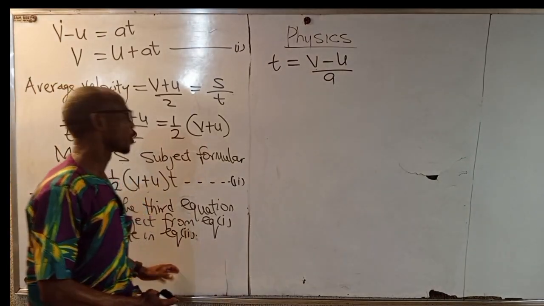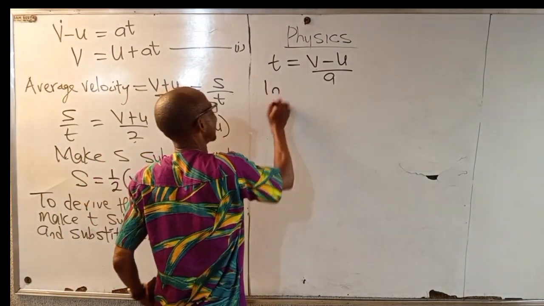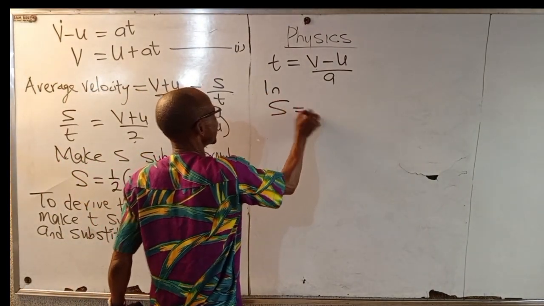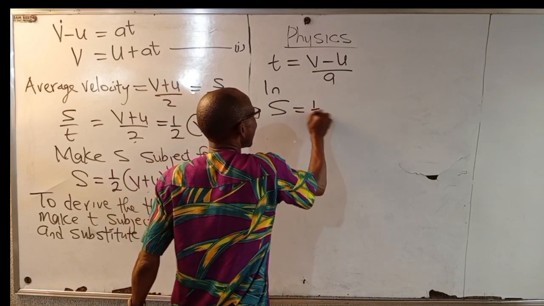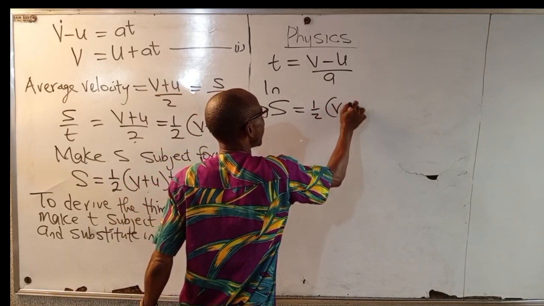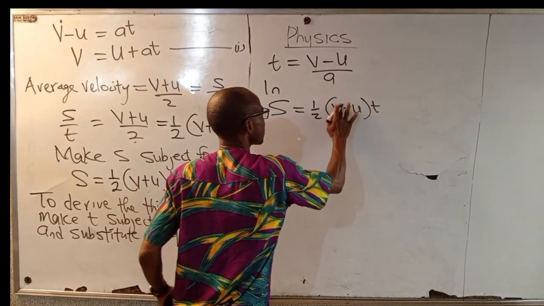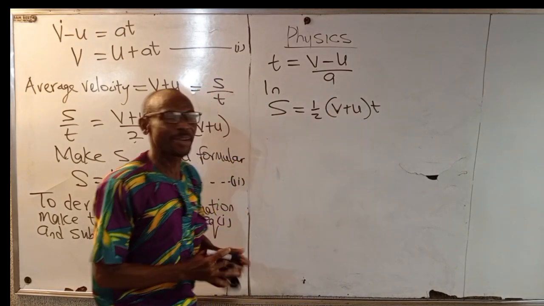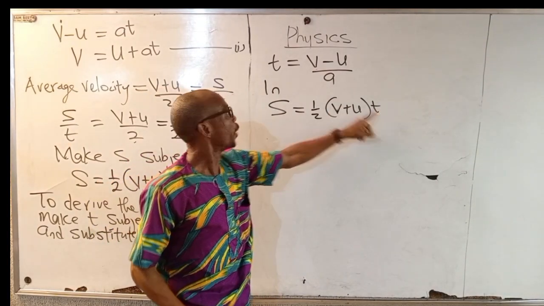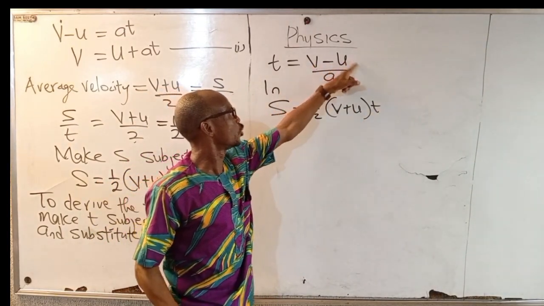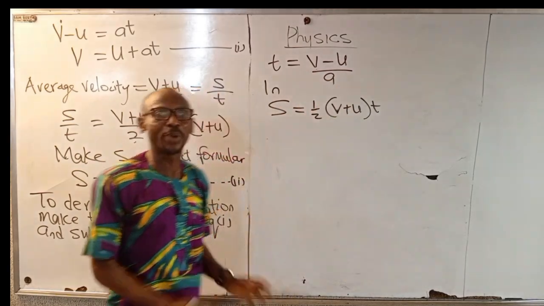In our second equation, we say x is equal to 1/2 (v + u) t. Wherever you see t there, put (v - u)/a in the place of t.